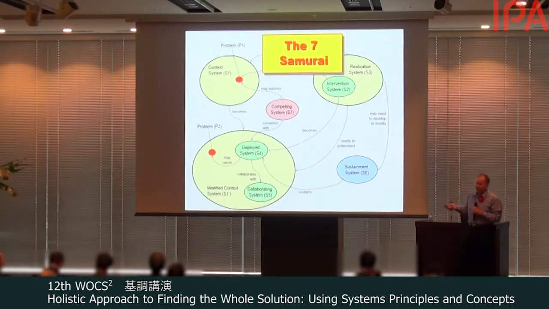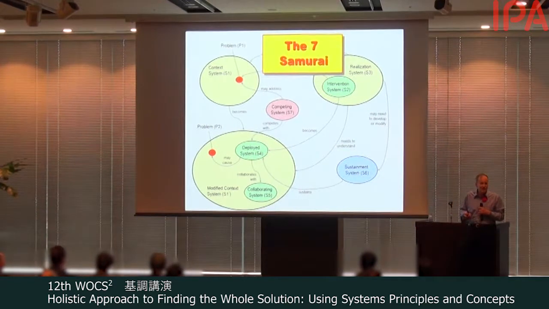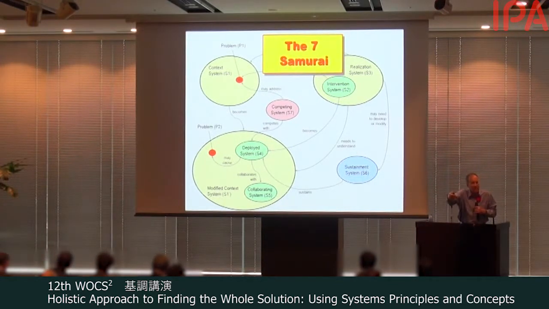They all interact with each other. They all have relationships. And they all have different destinations. My context system by its own will have its own place it's going to be if you don't do anything. And it will have a different destination if you deploy your system in this manner. So the PICARD theory can be applied across all 7 samurai.